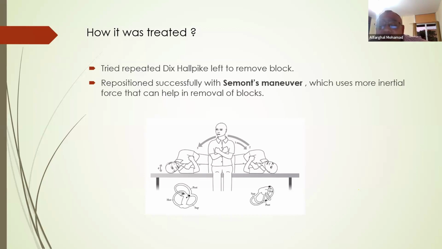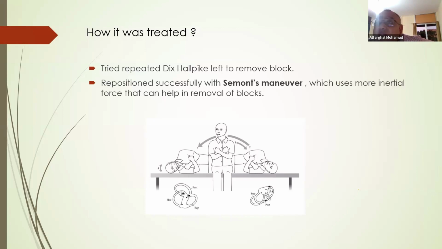He had a spontaneous nystagmus due to the loss on one side, and he had a positive Dix-Hallpike on the opposite side. Once I cleared the posterior canal BPPV, his symptoms completely cleared. Even though he had a complete unilateral vestibular loss, he compensated in a couple of days, two to three days.